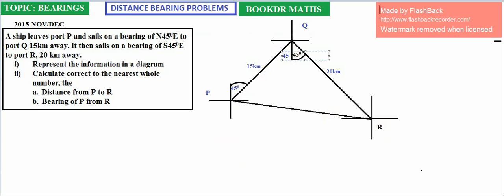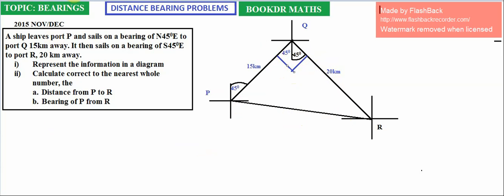Alternating angles are equal. Then it means the full angle here will be 90 degrees. 45 plus 45 is 90 degrees, making this one our hypotenuse.